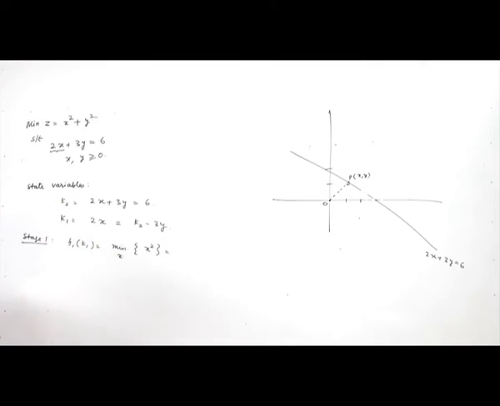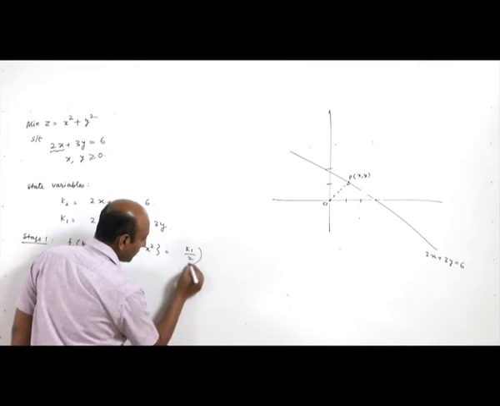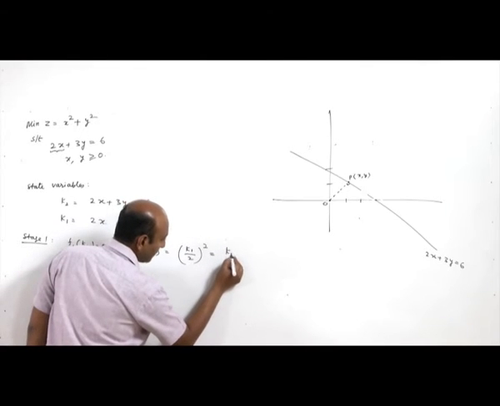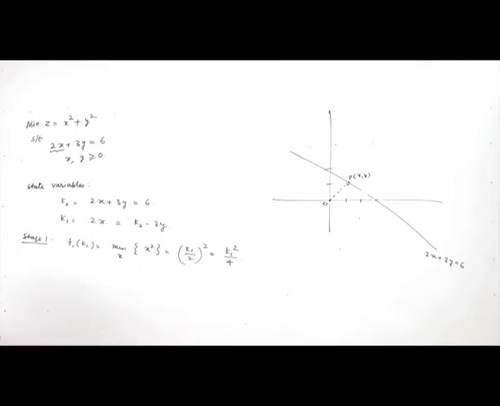And what is x? x is k1 by 2. So, the minimum will be (k1 by 2) whole square, which is k1 square by 4. Now, come to the next stage, the last stage of this problem, because it is only a two-variable problem, a simple illustration to solve such problems using the dynamic programming approach.